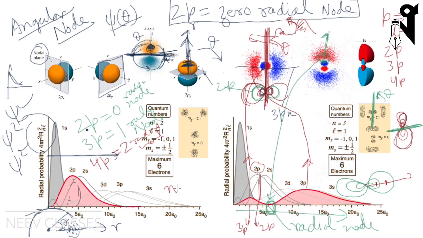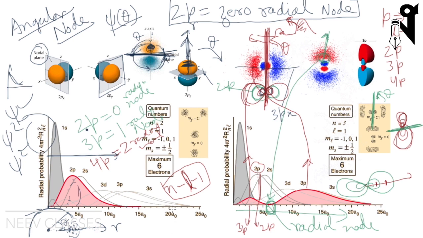So can you say for p it is n minus 1 minus 1? 4 minus 2 is 2, 3 minus 2 is 1, and 2 minus 2 is 0. So many radial nodes. Get the point? In fact the radial node will be n minus L minus 1. L for p happens to be 1, hence n minus 1 minus 1. So this will be the formula for radial nodes for any shell.